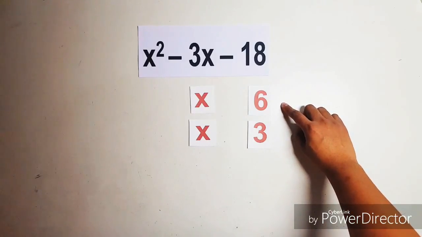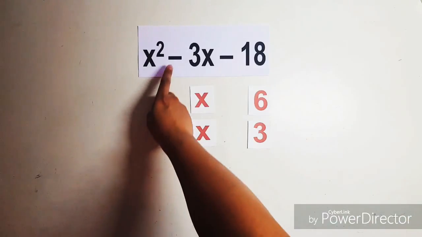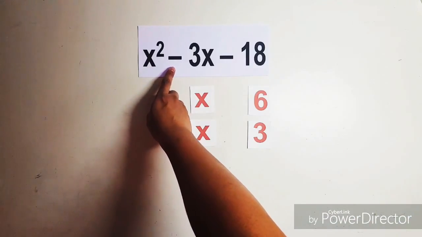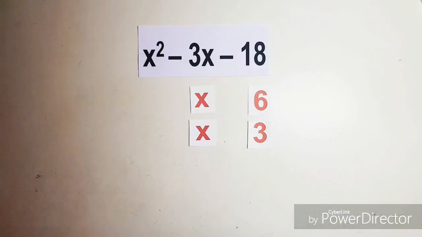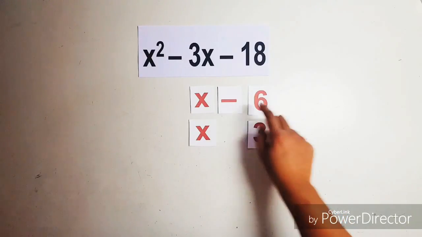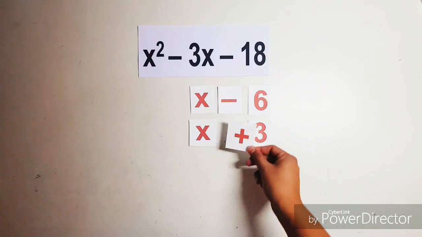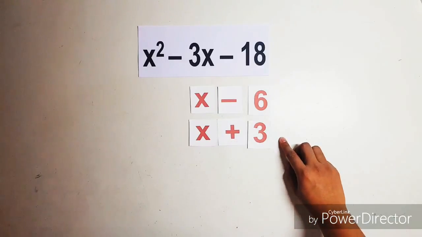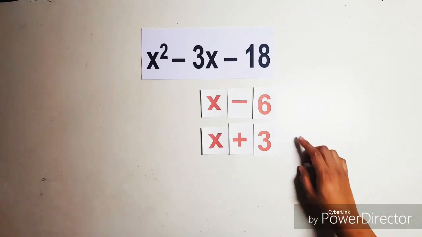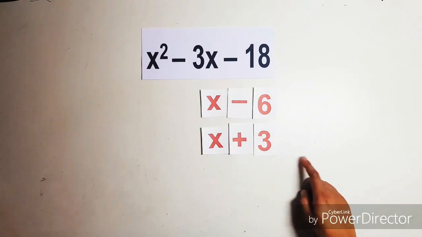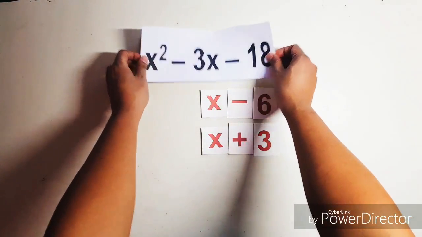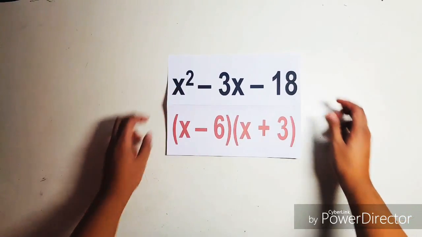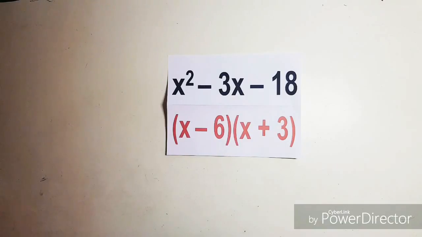The greater number will have the same sign as the middle term. Since the middle term is negative and 6 is greater than 3, 6 will be negative and therefore 3 will be positive. The two binomials are x minus 6 and x plus 3. To write that in factor form, we will have x minus 6 times x plus 3.